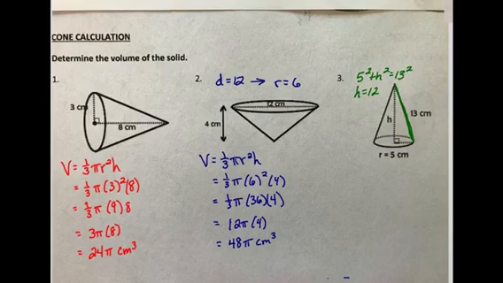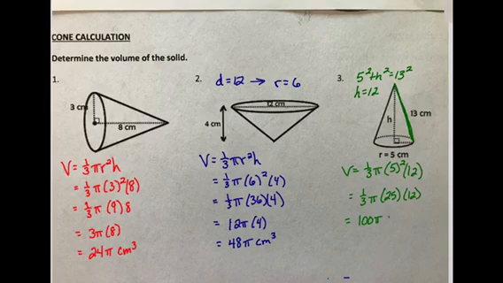So if I plug this into our formula, in place of r, I'll put 5, and in place of the height, I'll put 12. So I take 1/3 times pi times 5 squared, which is 25, times 12. So when I take 1/3 times 25 times 12, I get 100 pi, and my label would be centimeters cubed.